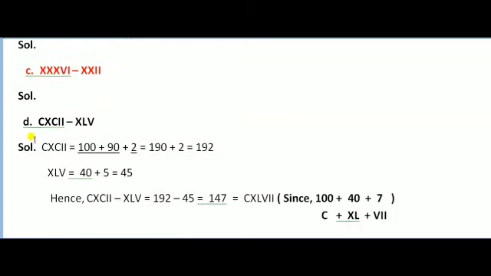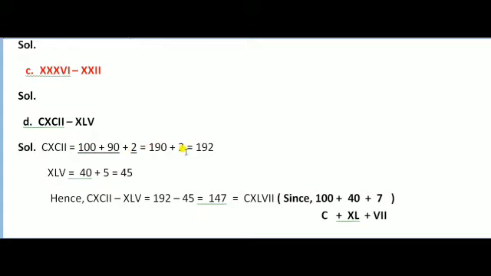D part, CXCII minus XLV. Similarly again we will be first finding the Hindu numeral for CXCII. So C stands for 100, XC stands for 90, II stands for 2. So first add 100 and 90, it becomes 190.